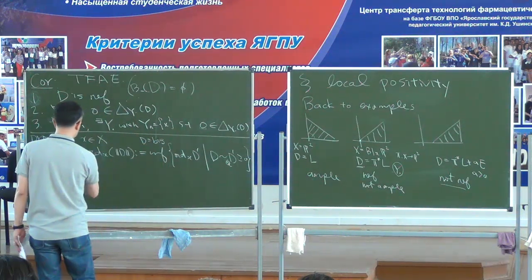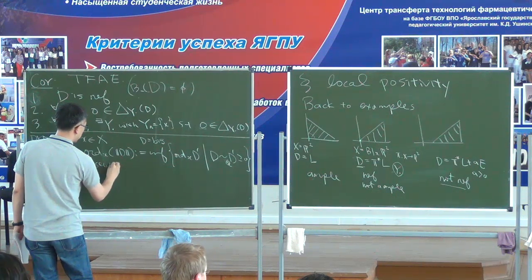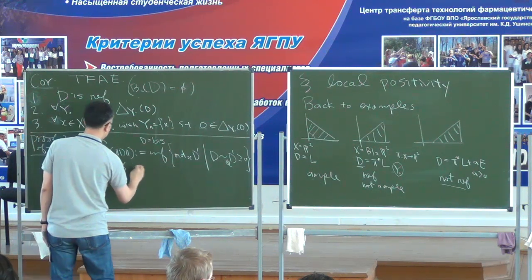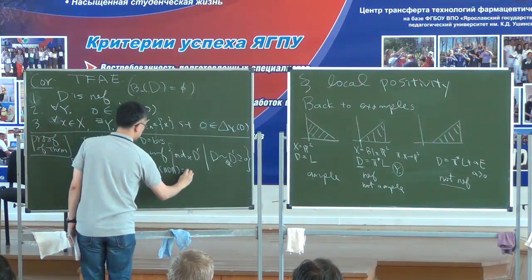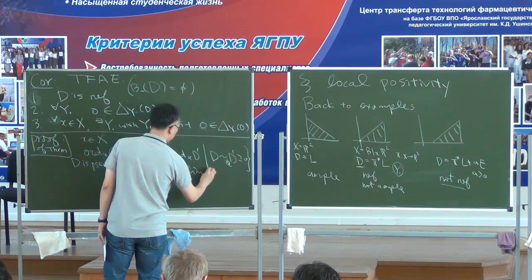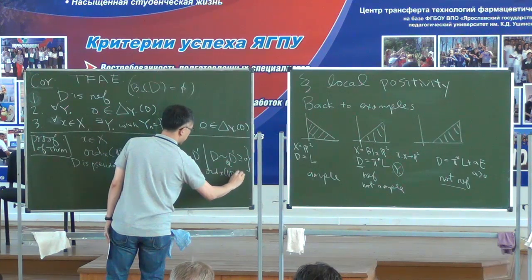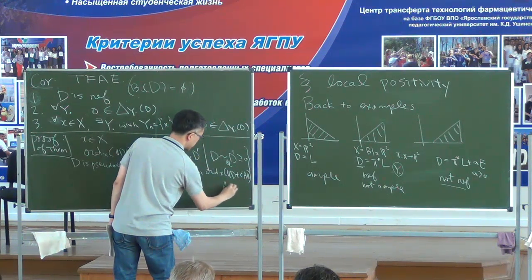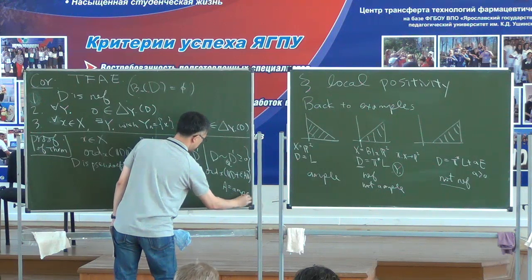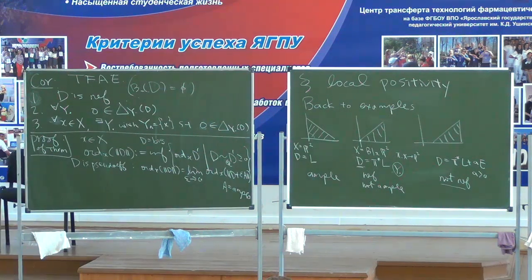But if D is only pseudo-effective, then you define the order at X of D as the limit of the order at X of D plus epsilon A, where A is some ample divisor and epsilon goes to 0. So this is called the asymptotic order.